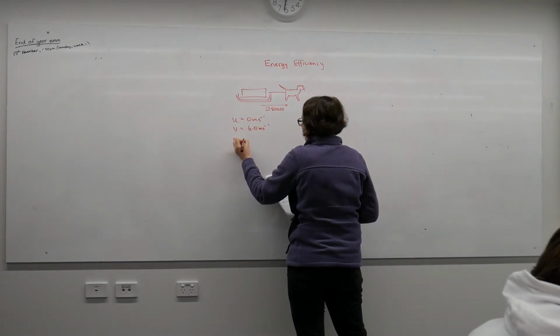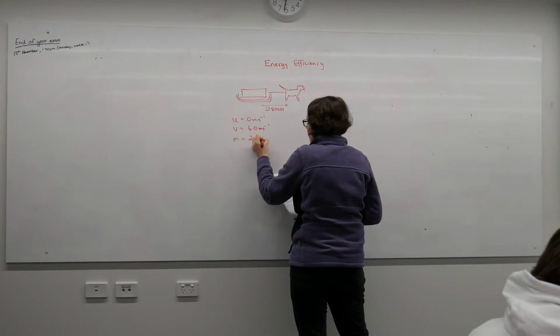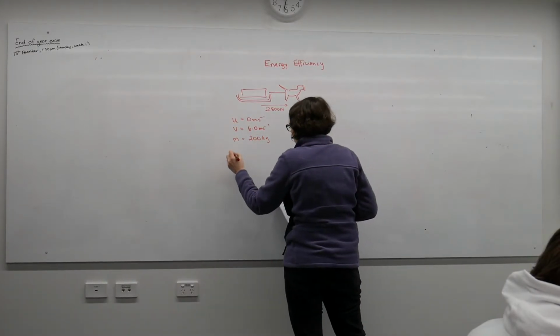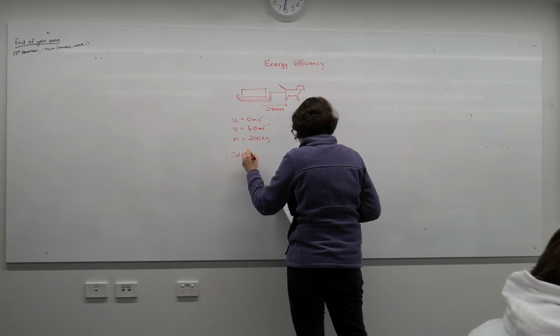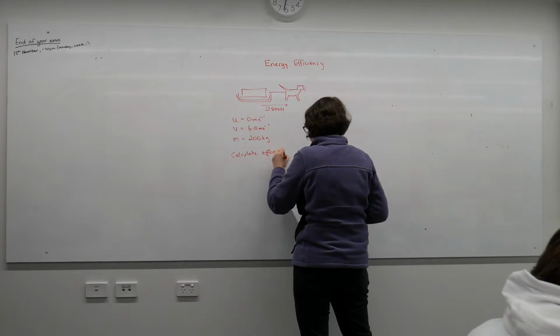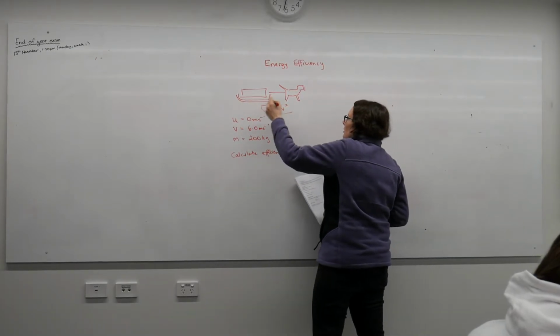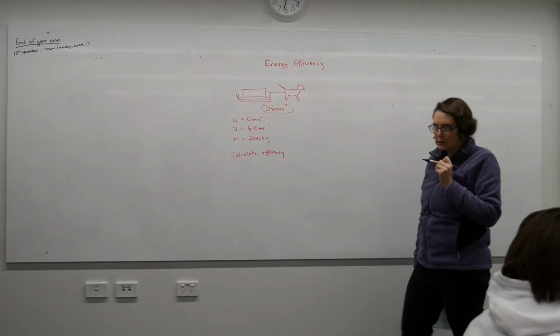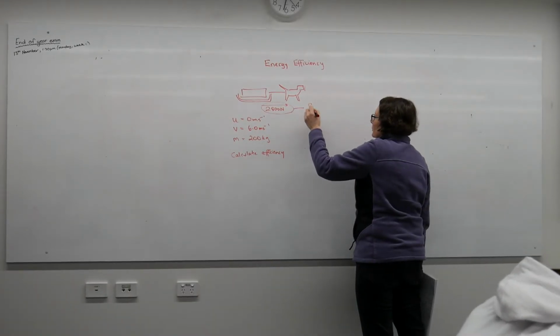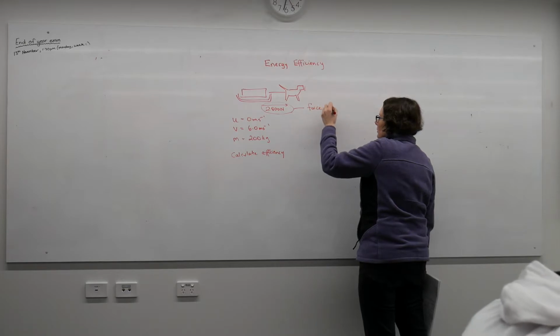The mass of the sled is 200 kilograms. And we want to calculate the efficiency. So this 2,800 newtons is what the dogs are doing. This is the force of the dogs.